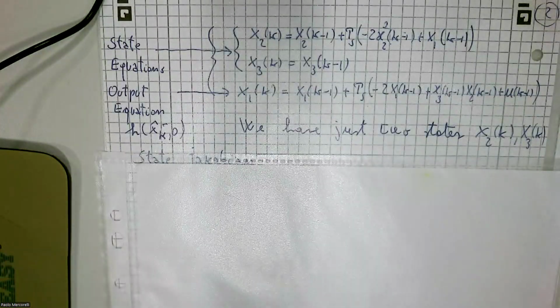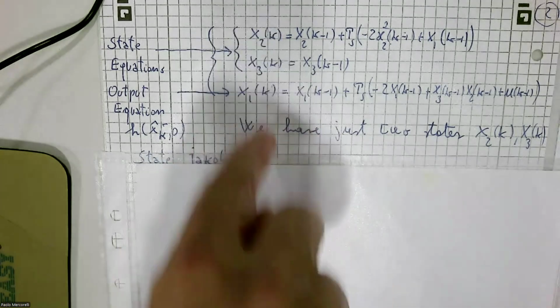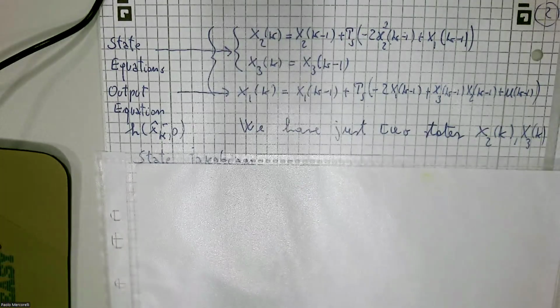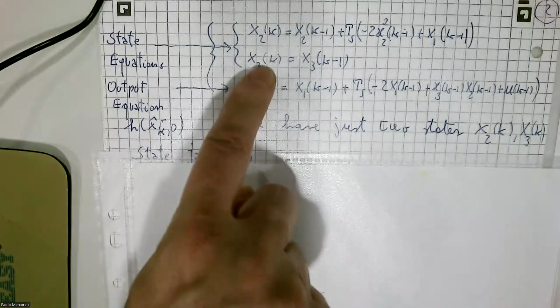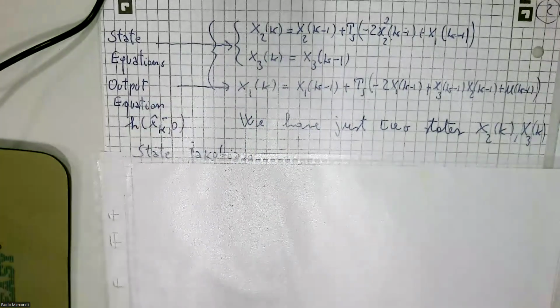We have a centralized structure. Let me go ahead with mine. We started with a centralized Kalman filter, which we implemented in different forms, in different exercises before today. Look at this. I am trying to tell you that I can now represent my system with two state equations, for instance equation 2 and equation 3, and an output equation considering equation 1.